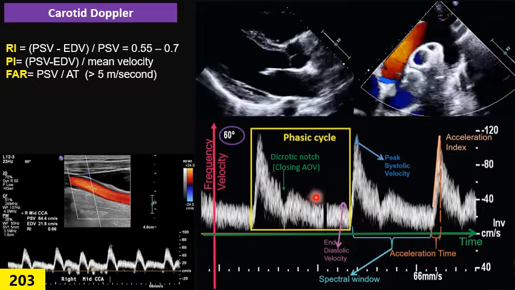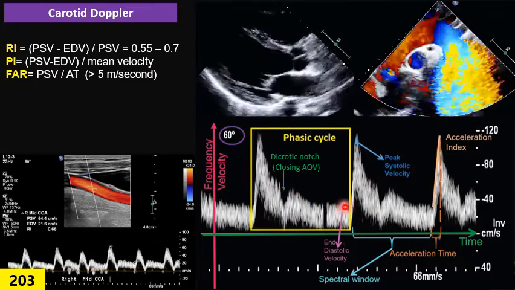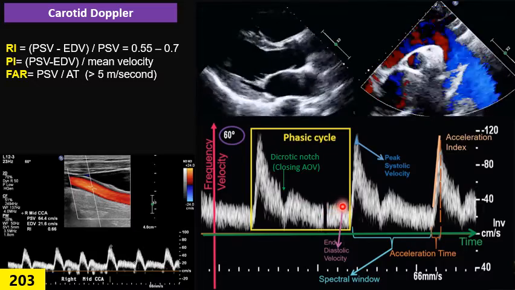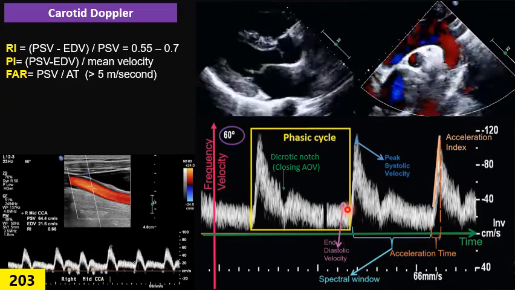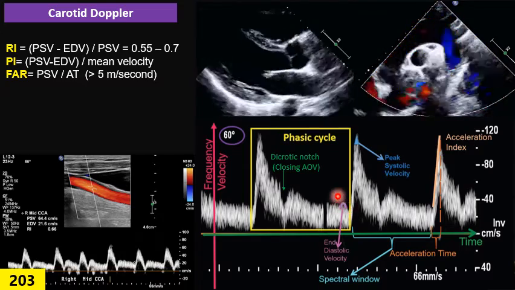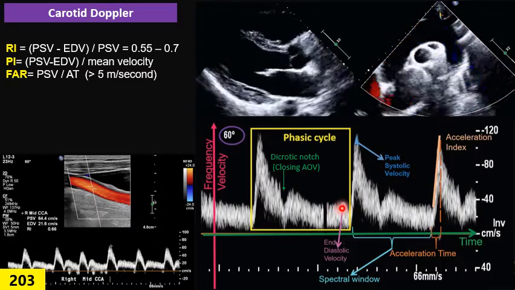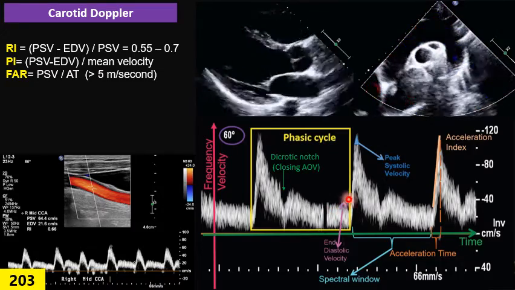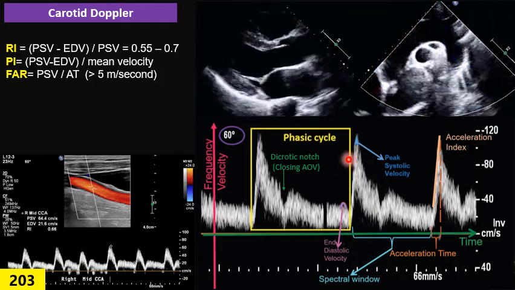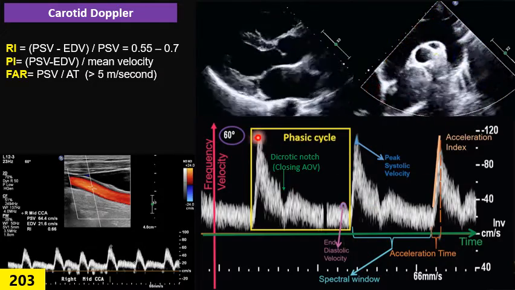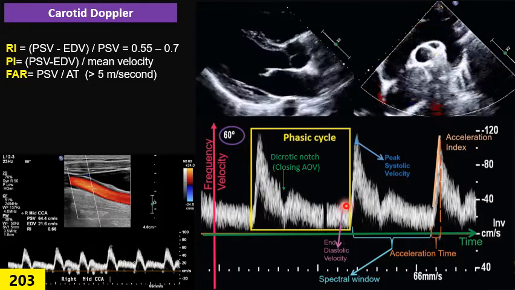So we have diastolic blood flow that is positive, and finally it reaches the point that we call end diastolic velocity. After that, shortly, the cycle repeats again, and so on. So we have two parameters, peak systolic velocity and end diastolic velocity.